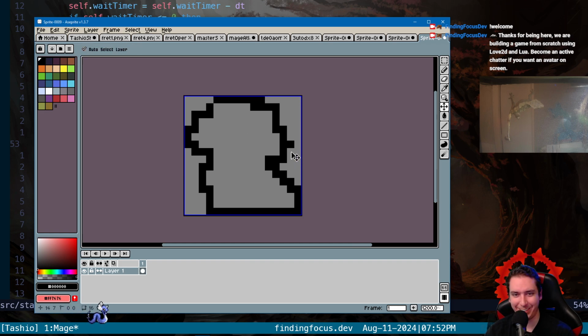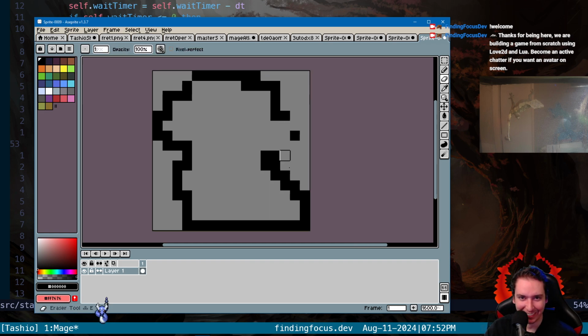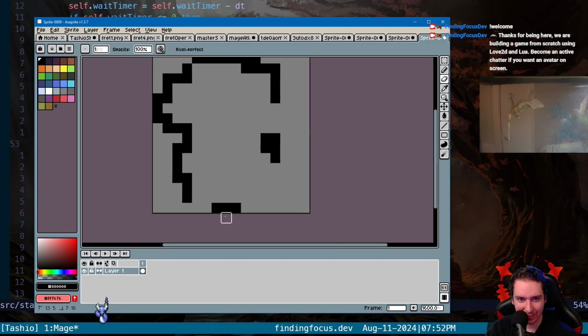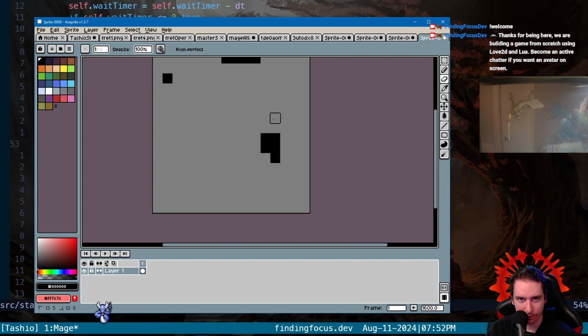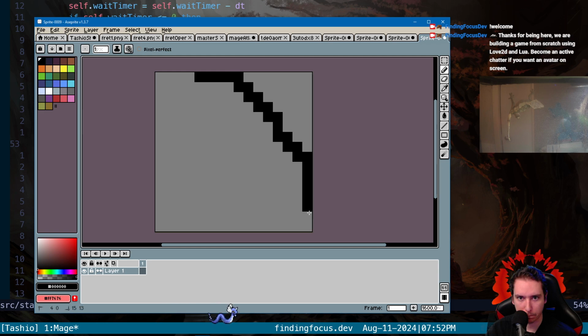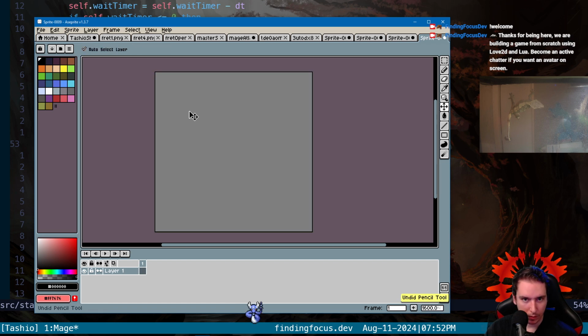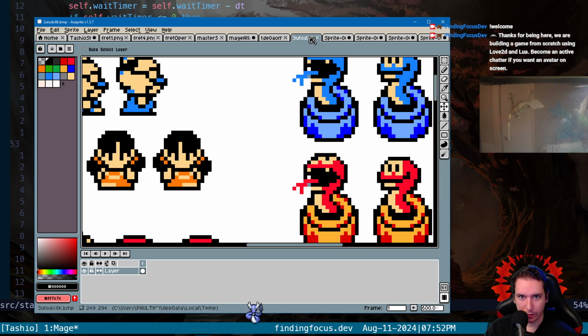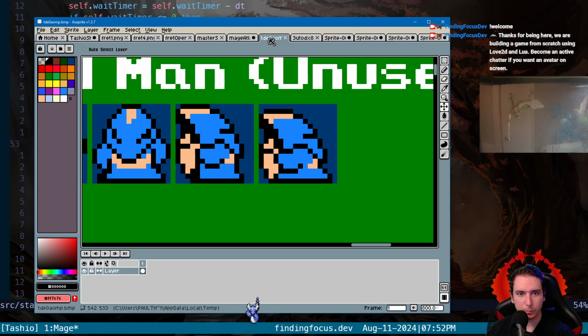Gosh, it looks so bad, man. Looks so bad. Okay, try it again. Why is it so hard? Okay, so there's a hood, it curves down and then comes back up.